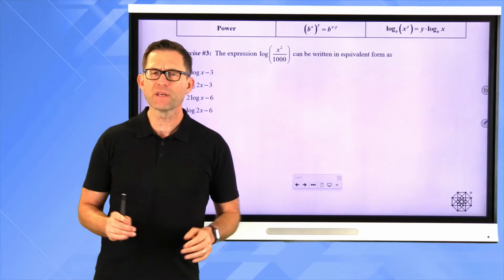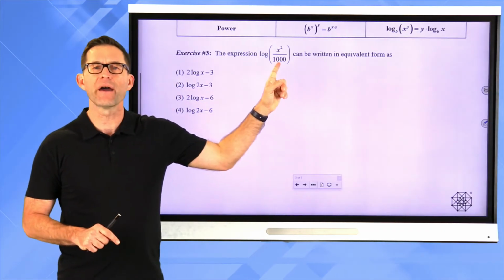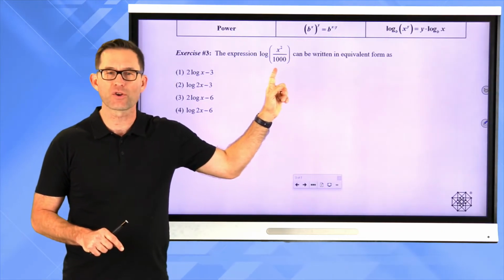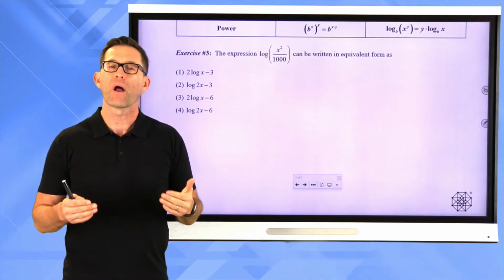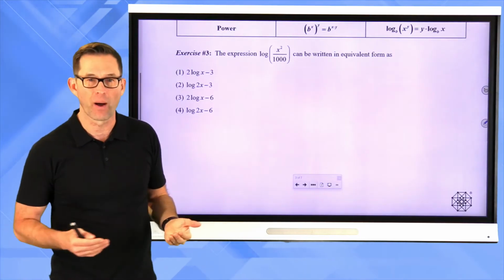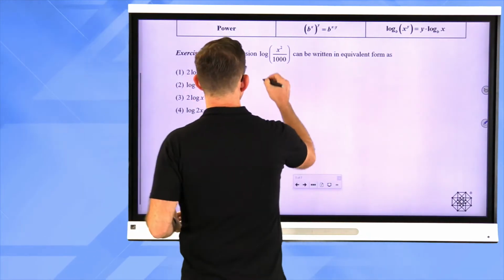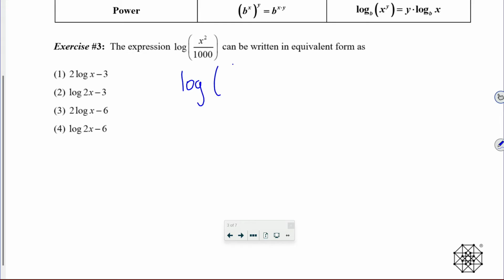Now, the first thing I do is I again look inside of the logarithm, look at the structure of what's in there. And what I see in there is a division problem, right? So I know that the log of, let's say, a divided by b is going to be the log of a minus the log of b.